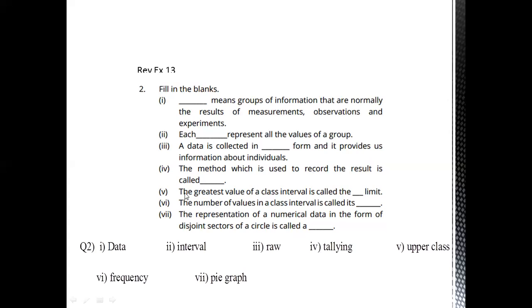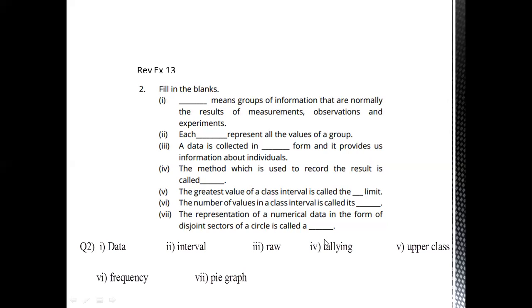So tallying. The greatest value of a class interval is called the dash. You know that you have two values in the interval, lower limit and upper limit. The greatest value is the upper limit. In fifth, what will come? Upper class limit.